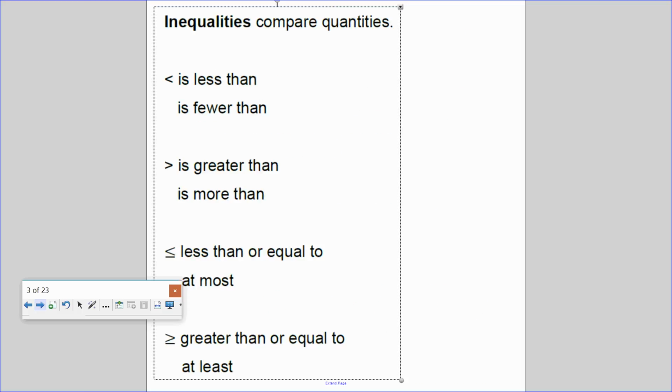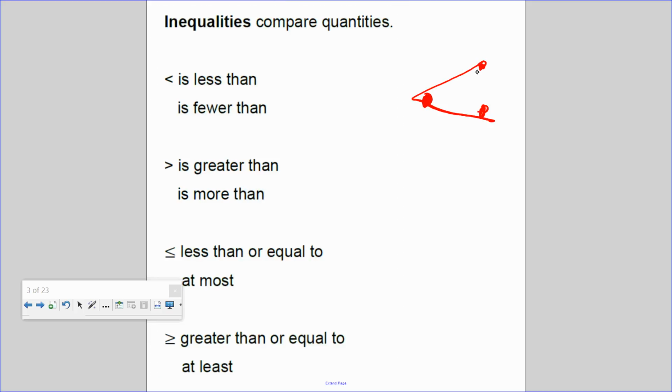So again, in inequalities, we have the less than symbol. If you do get confused by this, this is how I memorize it. To make the inequality symbol less than, you have one dot here, two dot, connect the dot. So this side is less than that side.